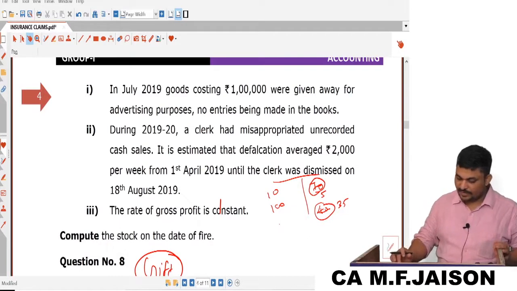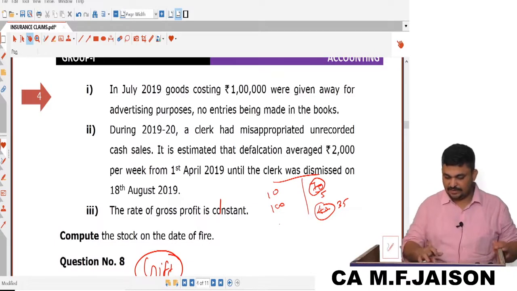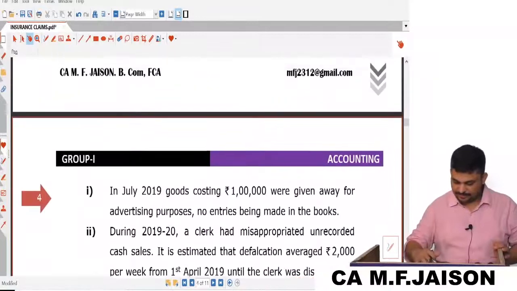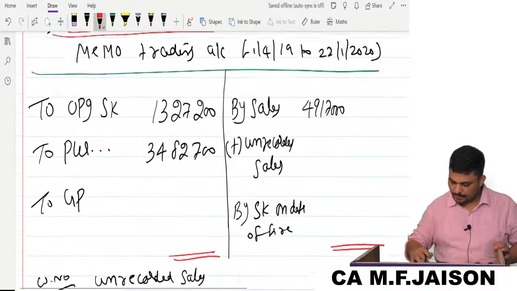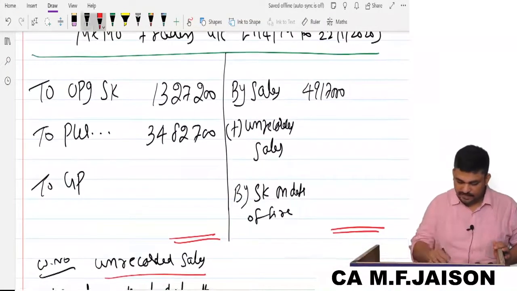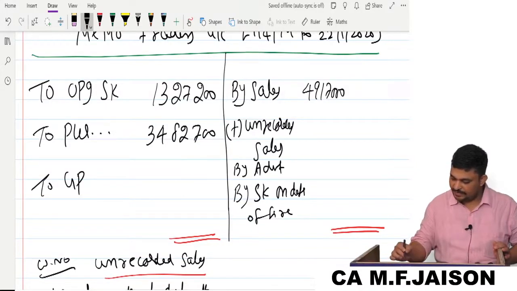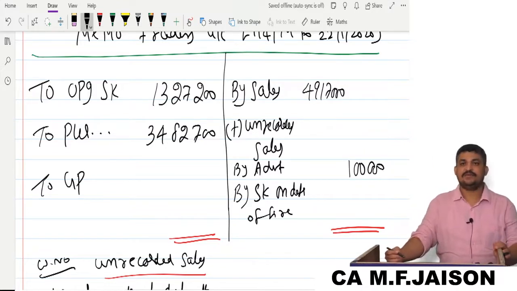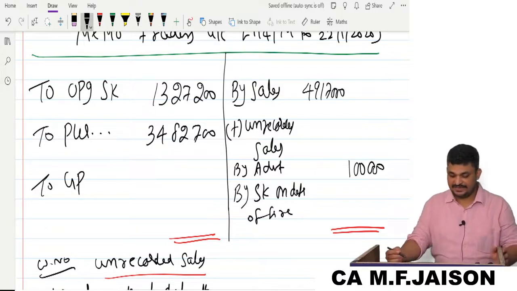In fact you also have the advertisement of 1 lakh, that is also for the year 1920 only, so that should be taken, by advertisement, which was 1 lakh, which can be taken in the credit side. Either you can derive from purchases or you can show it in the credit side.